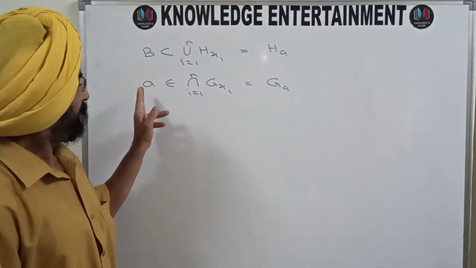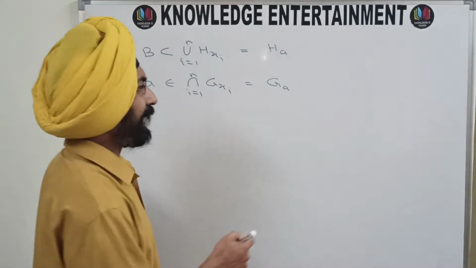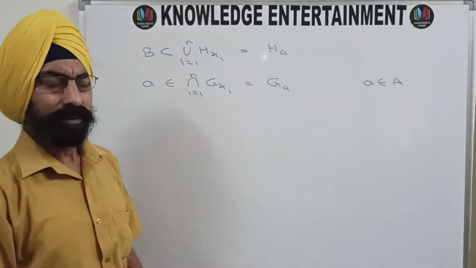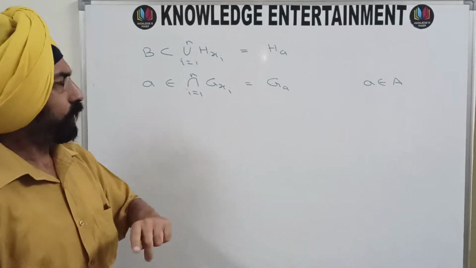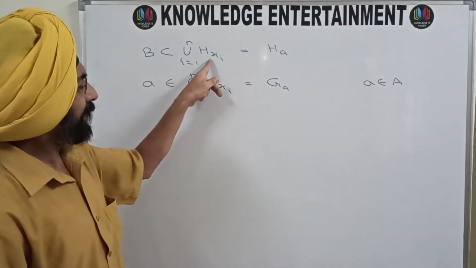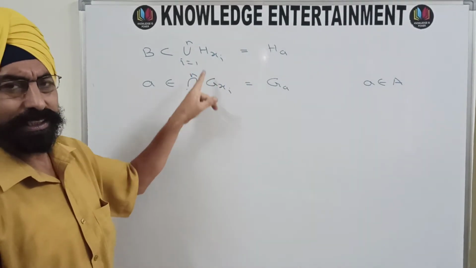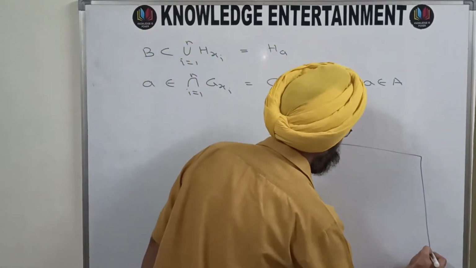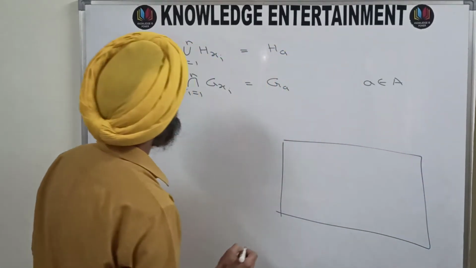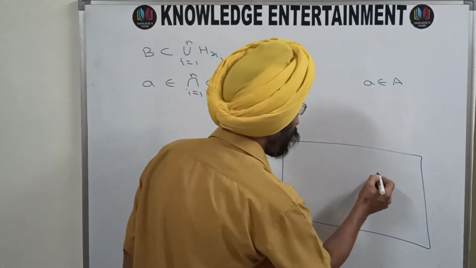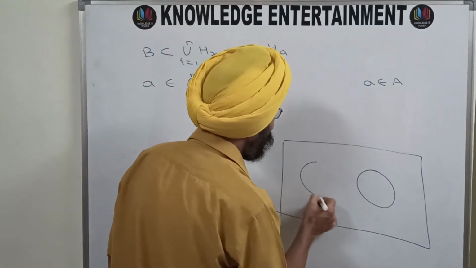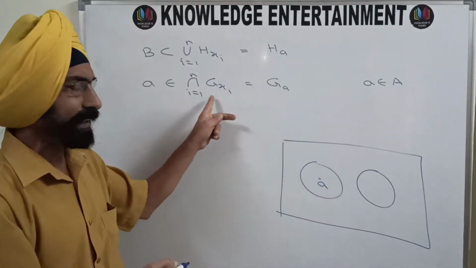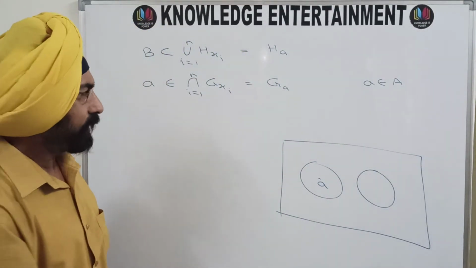Now this a was an element of A. Here one thing is sure: since each HXi and GXi is disjoint, the situation is like this. Here a is fixed, so each of these GXi will contain a.